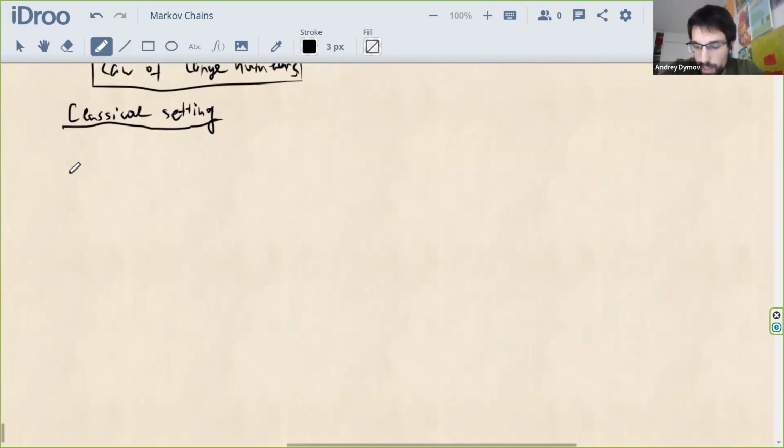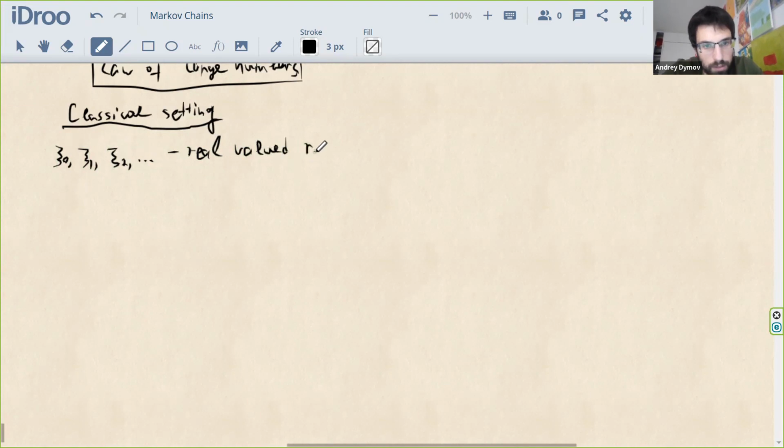Let me introduce a couple of definitions. Let's assume that we have random variables psi0, psi1, psi2, etc., real valued random variables.